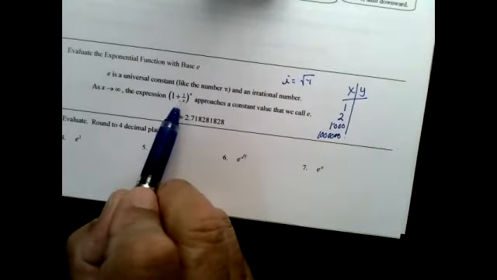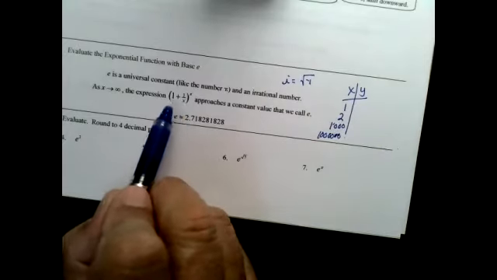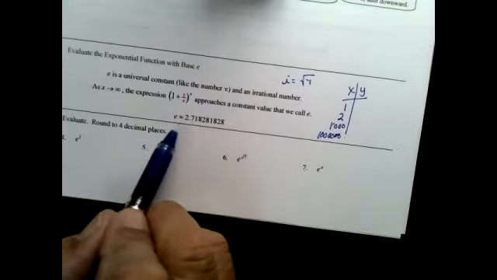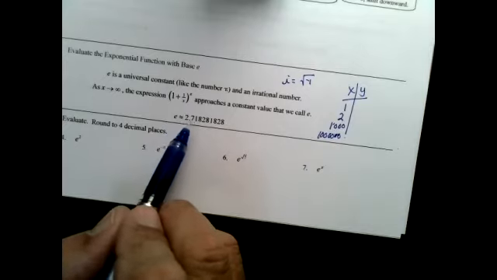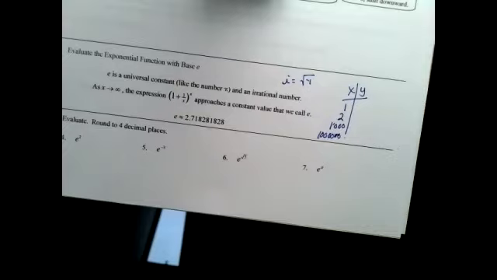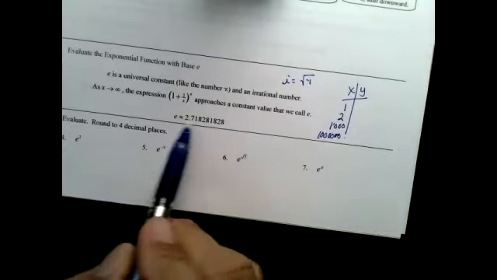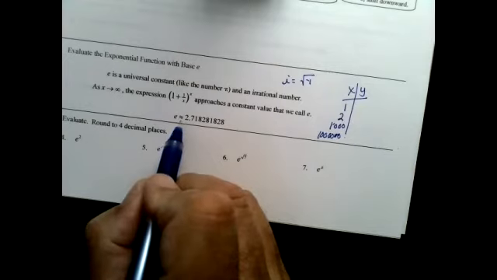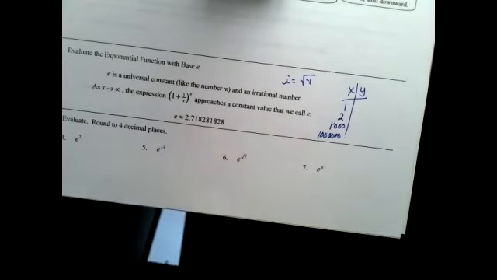As I continue to put numbers in here for x, my y's will actually get closer and closer to this value, 2.718281828, yada, yada, yada. It's a numerical representation for e. You notice the squiggly lines. That means approximately. That's not an exact value. That keeps going on and on and on.